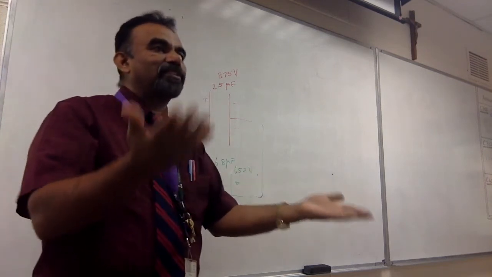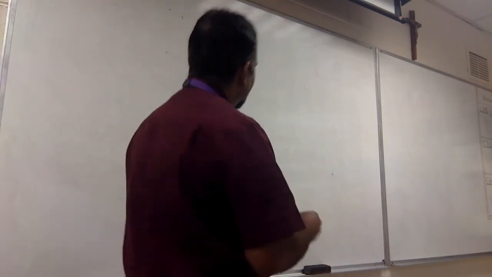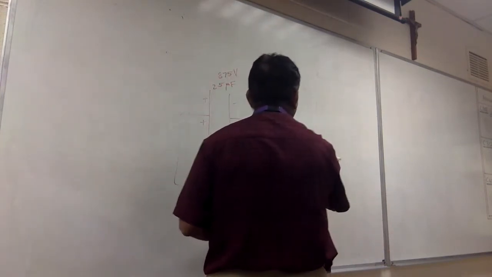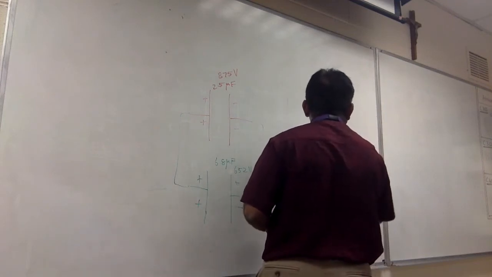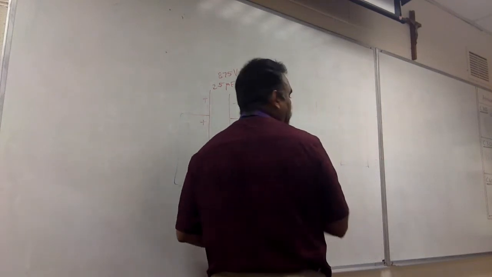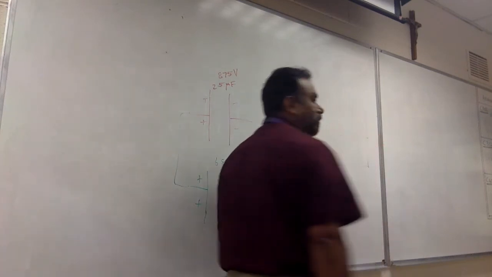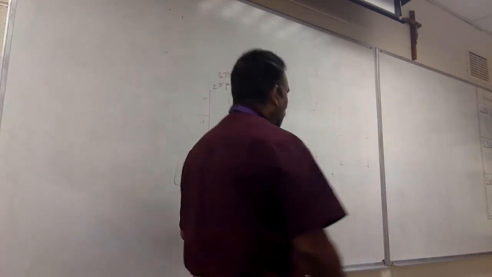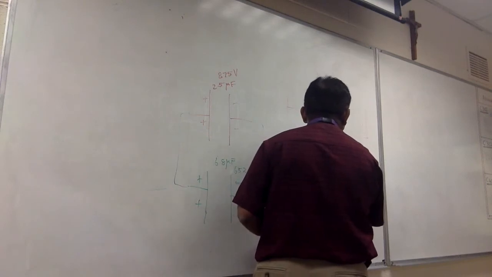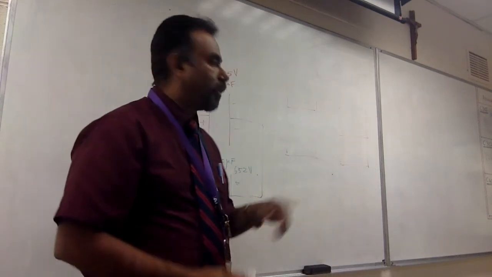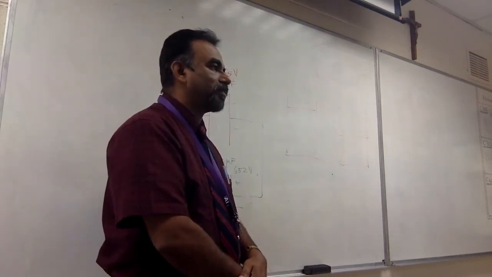It's like two water tanks. This is a water tank. This is another water tank. The water tank has got this much. This one has got this much. Now when you connect them by means of a tubing, when you connect the two tanks with the tube, what will happen?